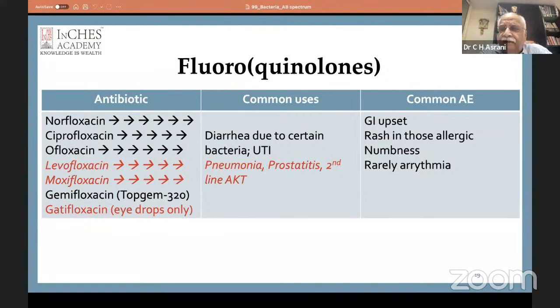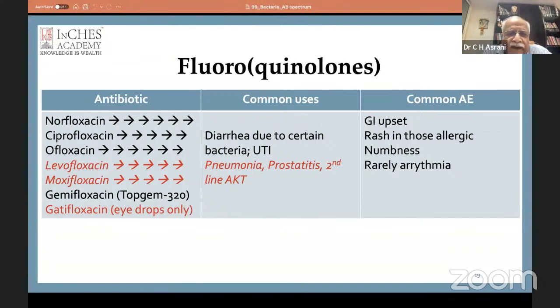Then what happened? The disease that we suffer from: irrational use of antibiotics. Pharma industry promoted Cipro like nobody's business. And today, norfloxacin does not work. Cipro hardly works. So what is given in black, common uses?